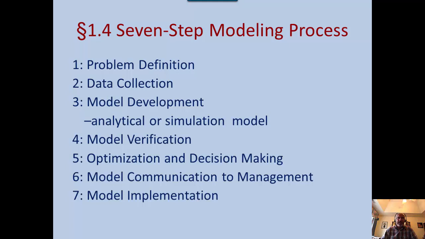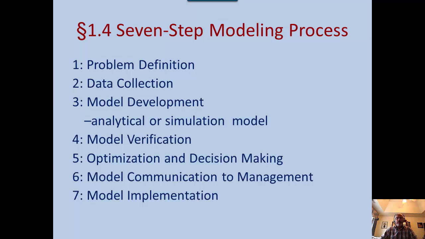So that's your model verification. And once that is done, then optimization and decision making. You have the results, you have validated the results, and then it's time to make a decision as to, okay, this is what we're going to do. We're going to produce these amounts for these products, or these are the amounts that we will produce in different months, or this is the product mix that we're going to produce, and these are the number of advertisement spots that we're going to run, or these are the amounts of investment that we're going to make in each of these possible investment vehicles.